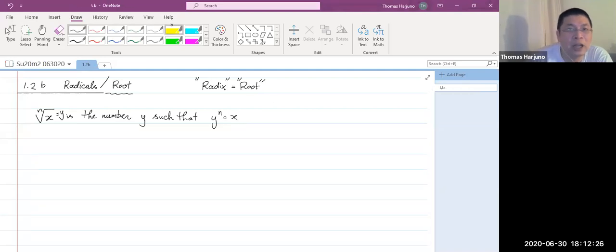Now this n here is also called the index, and this x here is called the radicand.